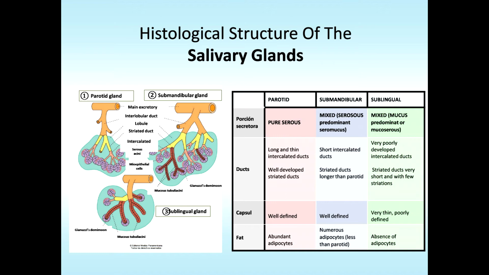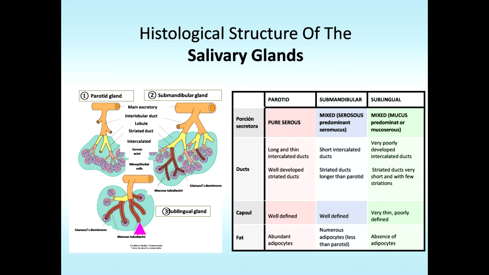We can differentiate several types of acini depending on the type of saliva being made. Thus, if the saliva being made is aqueous, we say that it is a serous acinus. Regarding the major salivary glands, the only pure serous secreting gland is the parotid gland.